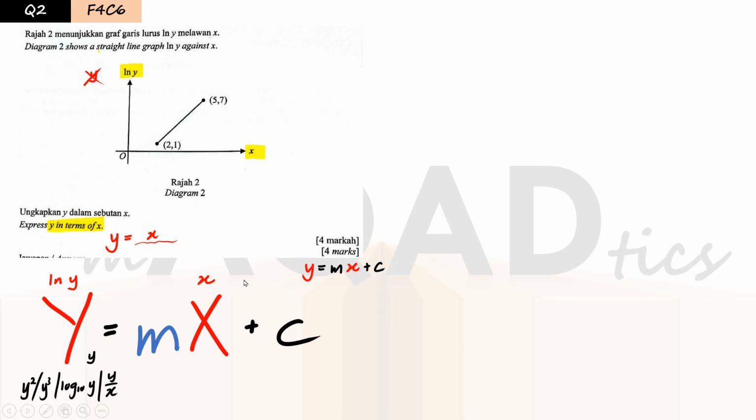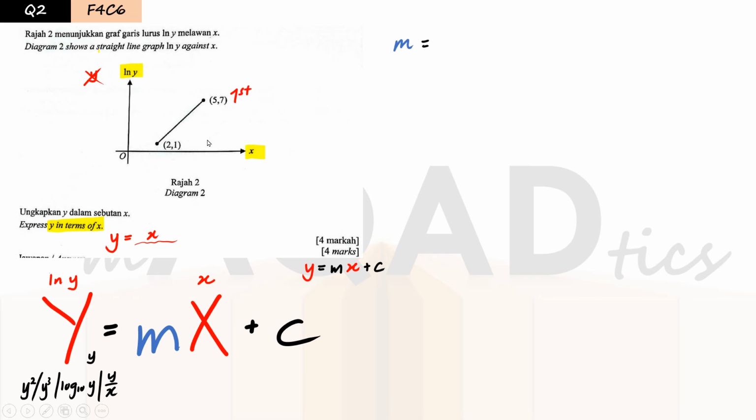So now we are missing M and C. Okay, so let's figure out M and C here. So for the M, since we already have the coordinates of these 2 points, why don't we use the gradient formula to figure out the gradient, right? So let us use this point as the first point.